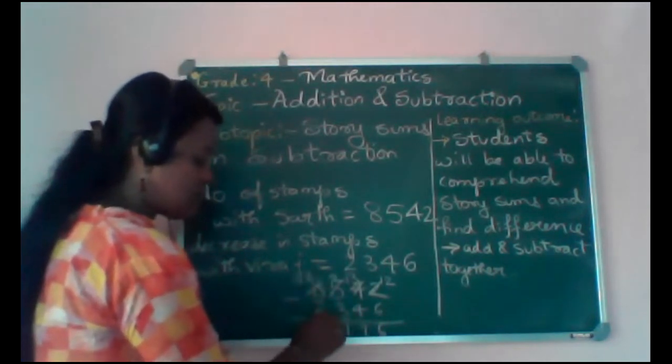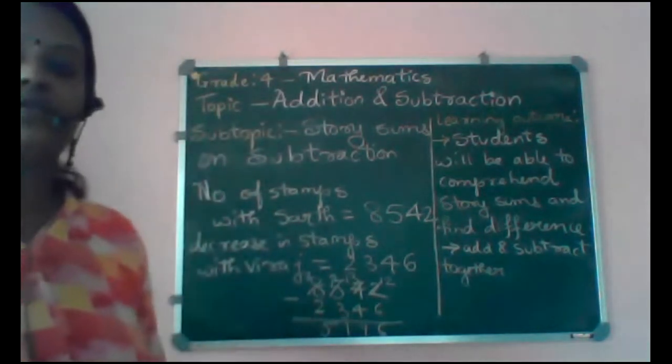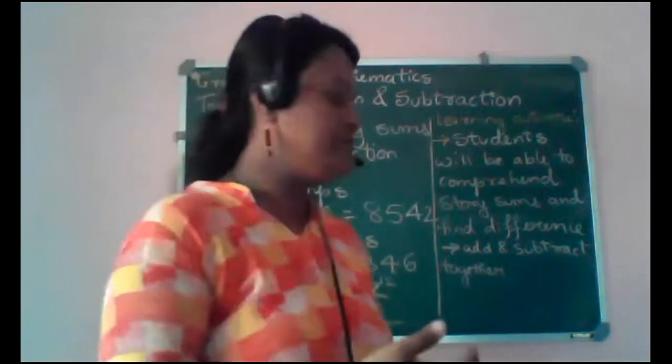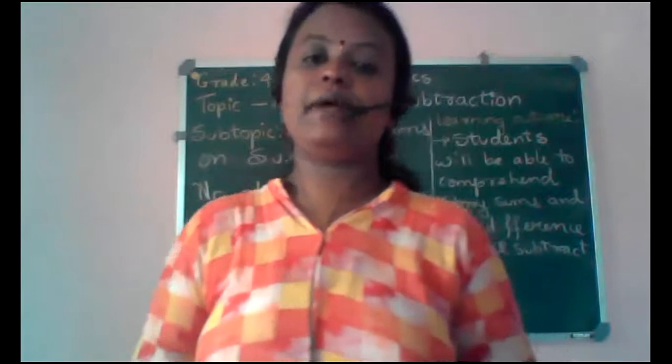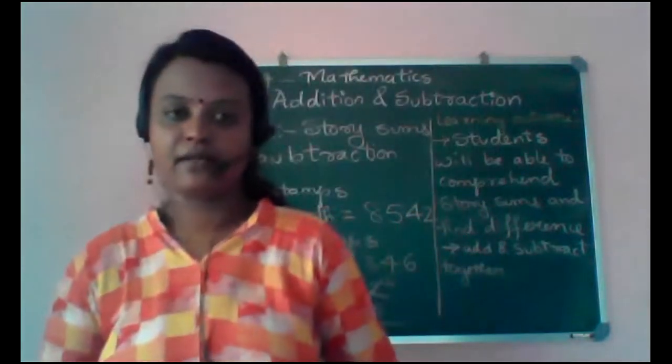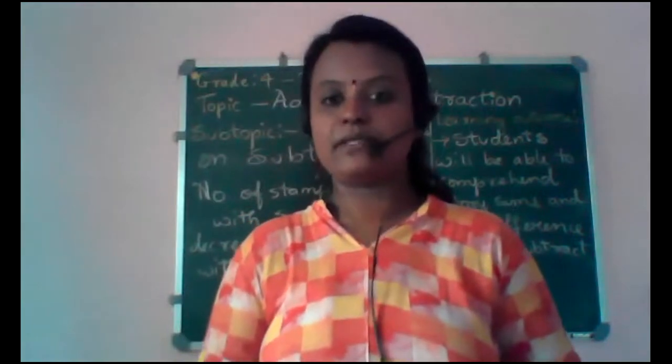And 7 minus 2 is 5. So Viraj had 5,196 stamps as compared to his brother Sarth. So in this way we have learned how to solve story sums.